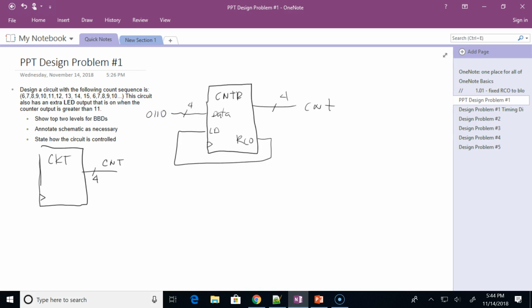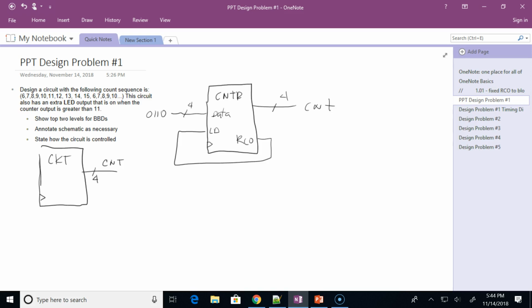There's my 4 bits for the 6. These are set up such that there's really no other way to do these types of problems. We always want to take advantage of that RCO whenever we can. Essentially, it tells me when it's hit its maximum count, which is what this is set up to do.